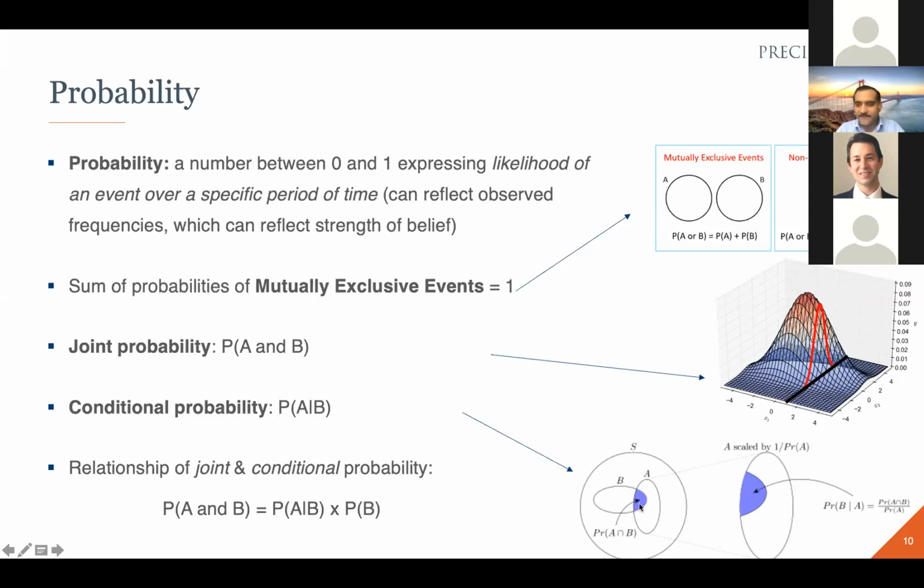Conditional probability is the same. Suppose we are interested in calculating the probability of B. The difference between the probability of B versus the probability of B given A is that you are scaling the probability by 1 over the probability of A. So the denominator is different here. The probability of B is on the complete sample space.